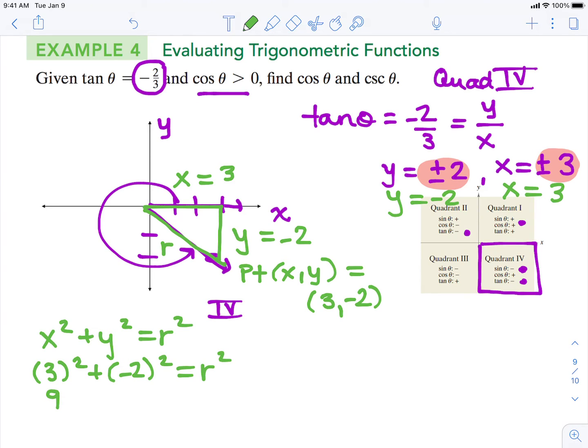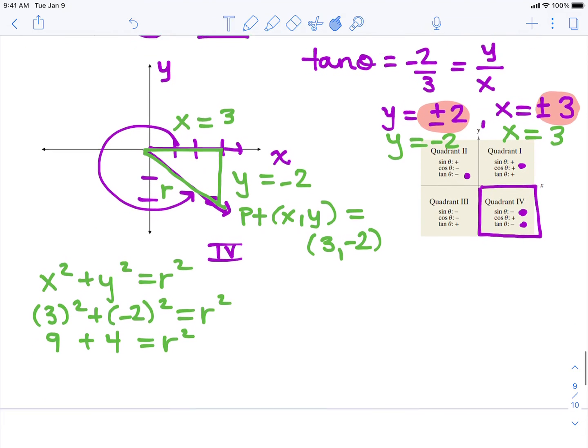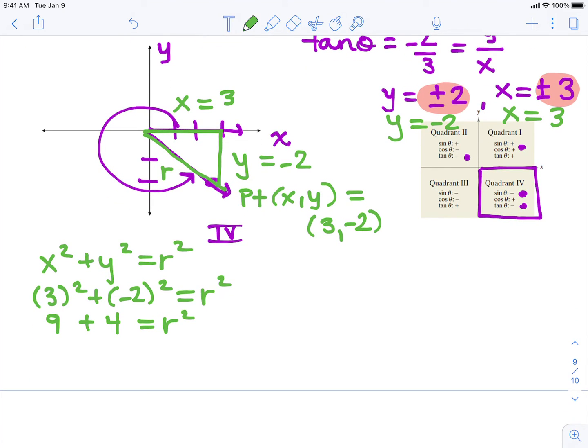So 3 squared is 9, negative 2 squared is 4. We're going to add 9 and 4 together to give us 13. And then we're going to square root that r. We cannot have a negative radius, so now I'm just going to go ahead and put the square root of 13.